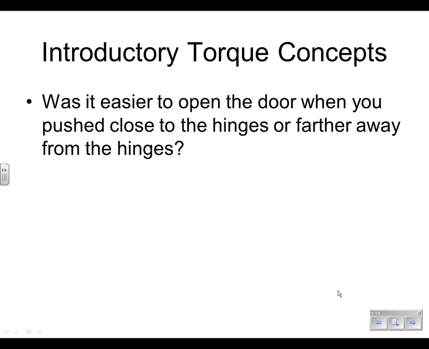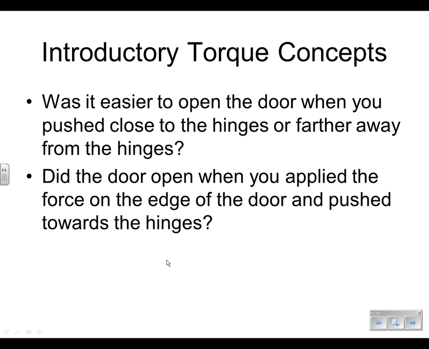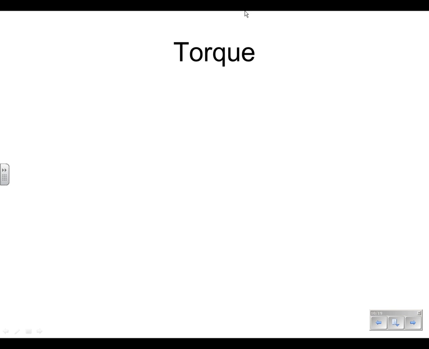As we've just discussed, it's easier to open the door when you push far away from the hinges than when you push closer to the hinges. But you cannot cause that door to open if you push on the outside edge of the door towards the hinges themselves. And that leads us into the topic that we refer to as torque.